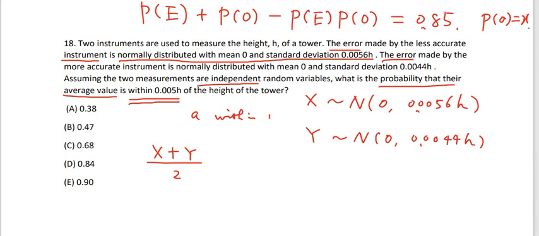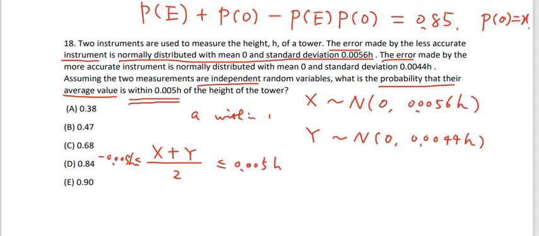So this actually means it is between the negative and positive bounds, in this range. So this number is within this range, and we want to find this probability.